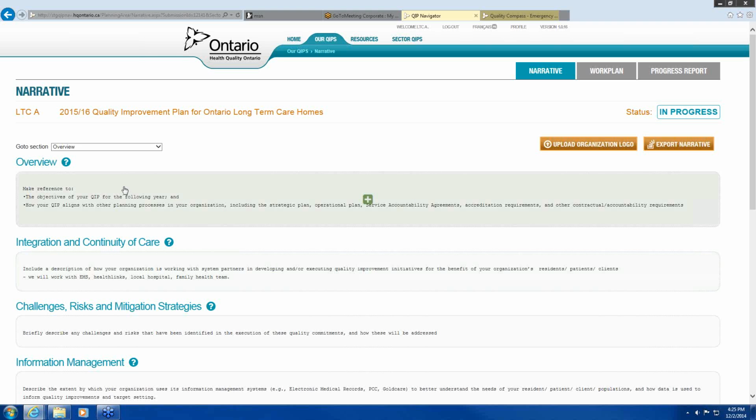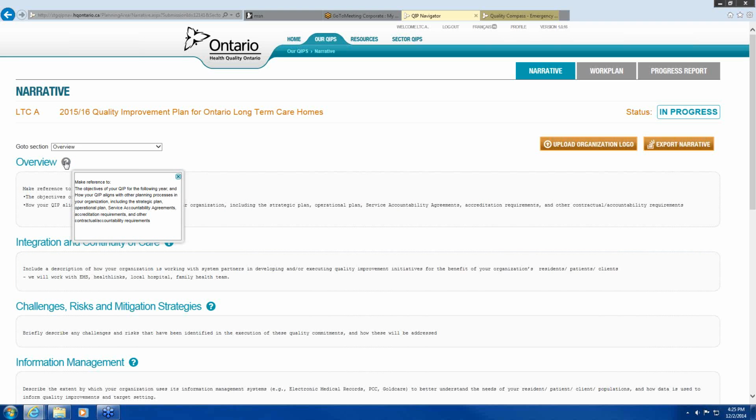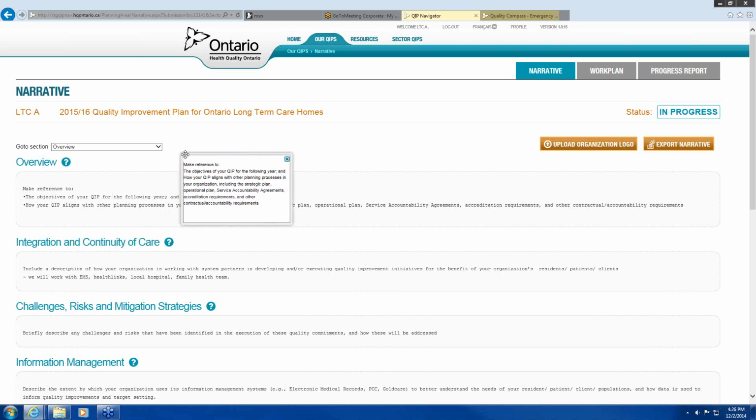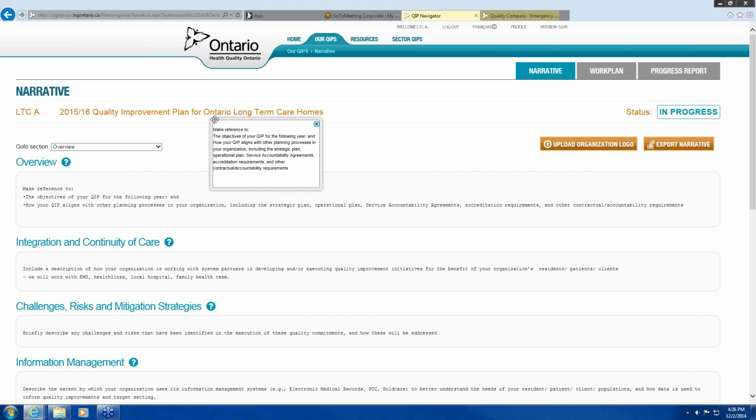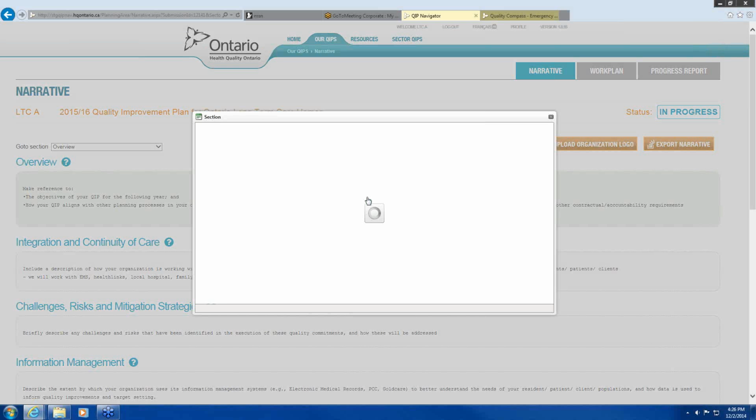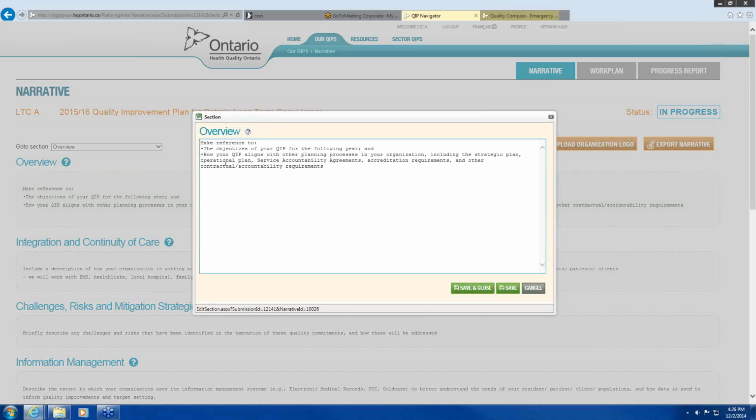So we're looking for concise descriptions, and Hover Help will tell you what is to be covered in these sections, and you can use the X to move these boxes around and then to be able to actually write the information into these boxes.